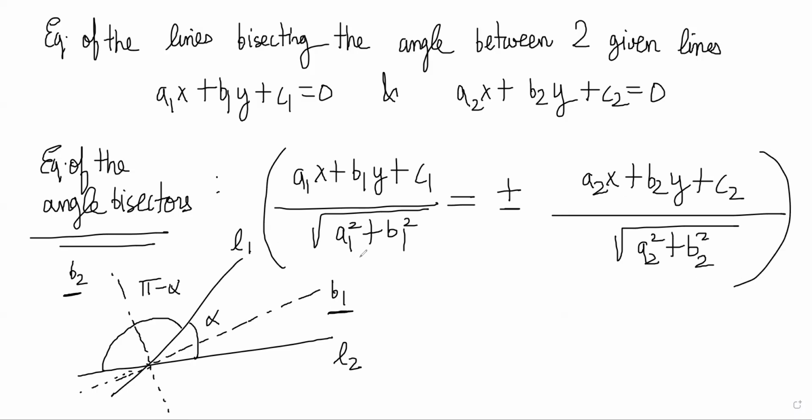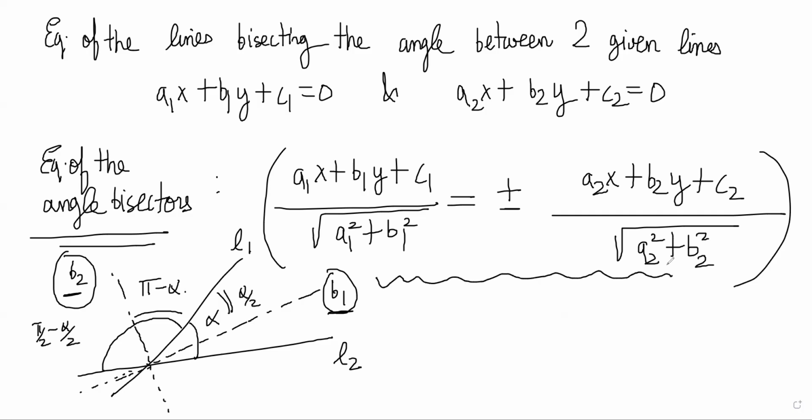Also, you should know that ultimately the two bisectors will be perpendicular to each other, right? Because you are bisecting this angle, so this much part would be angle pi by 2 minus alpha by 2, and this much would be alpha by 2. So the angle between the two bisectors is always 90 degrees, right? Also, how do I know that this equation represents the bisector?